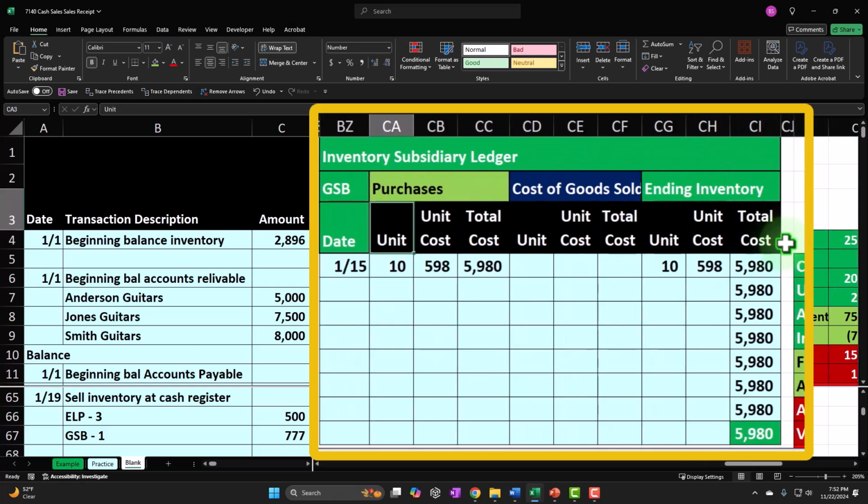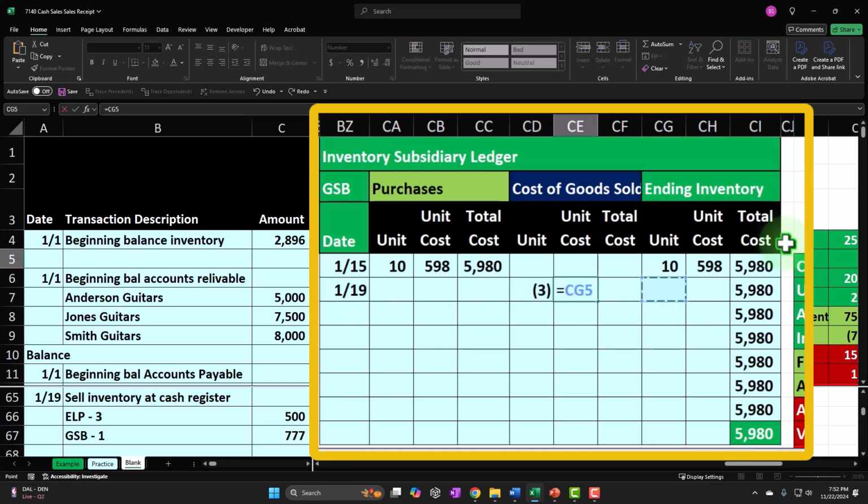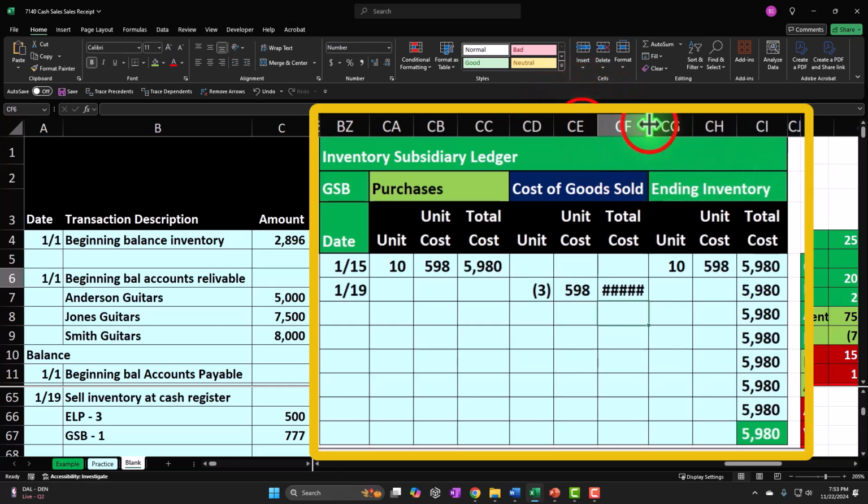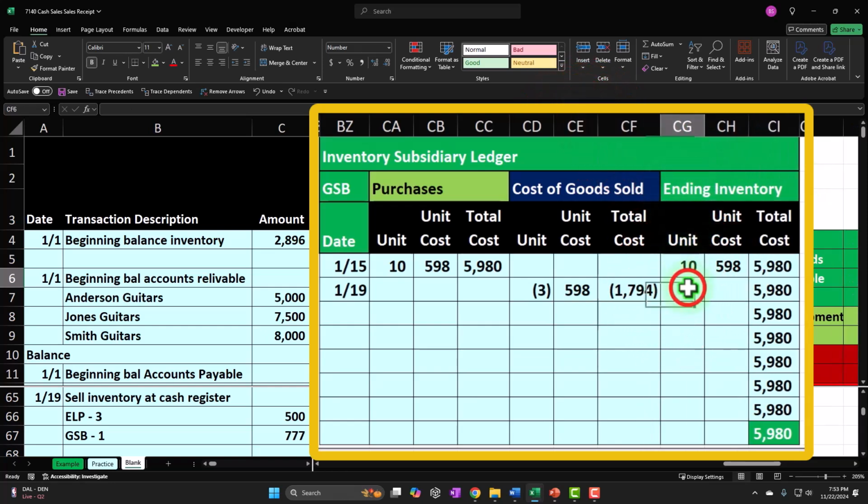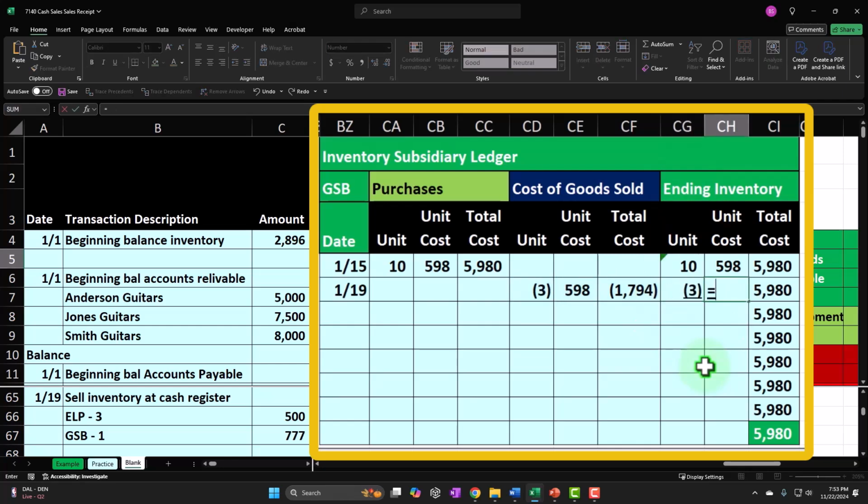All right, so then we're going to say this is where we're at with that one. And this is going to be on 119. And we're going to sell -3 of those at a cost of $598. Multiplying that out, 3 times 598 gives us, if I make this a little bit wider, okay, there's the cost. Let's pull that out into the ending inventory. Same thing, 3 times 598.